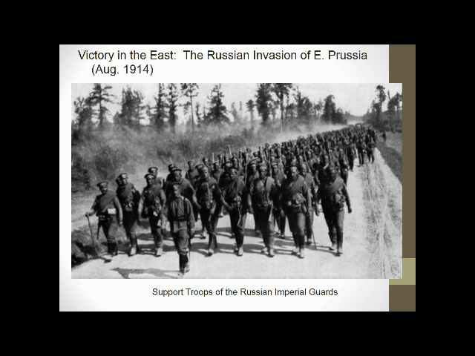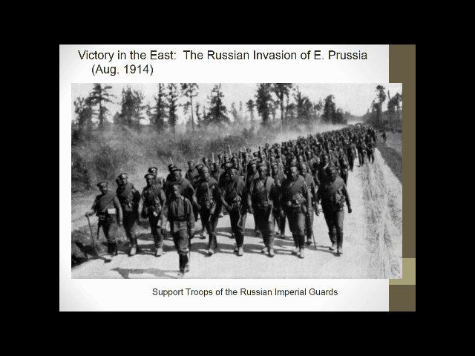The Schlieffen Plan had been designed to take the French out quickly and allow the Germans to turn and face the Russians before the Russians had a chance to mobilize fully. But the Russians, reacting in support of their alliance with France to enact the two-front war, engaged Eastern Prussia early in August of 1914, within the first month of the war.